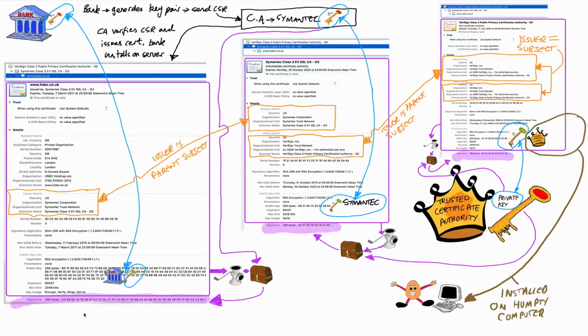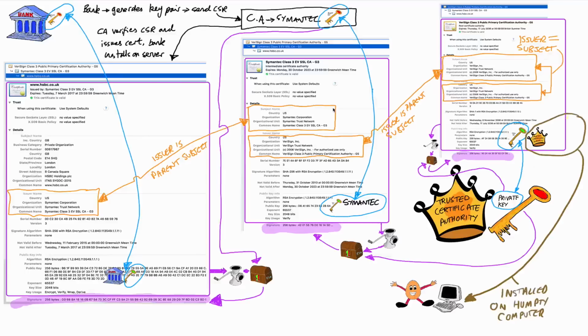Because remember, you don't normally sign your own certificates if you want them to be actually trusted by other people. Okay, so the issuer is referring to the certificate authority who issued your certificate, and that certificate authority also has an SSL certificate that represents them. It's really important.